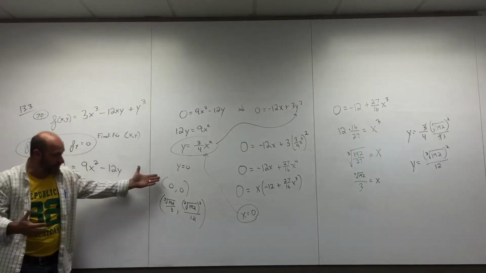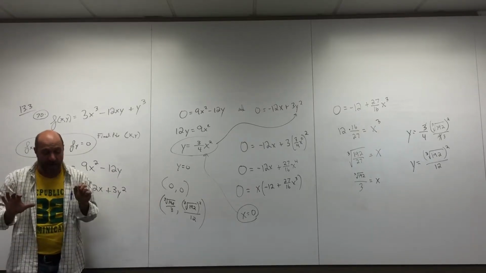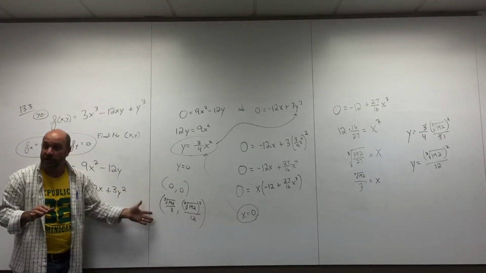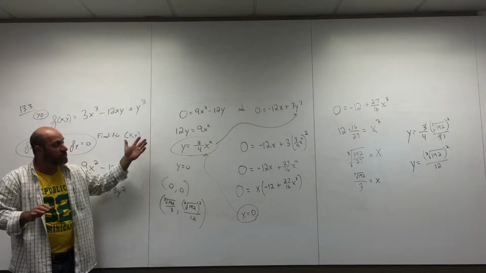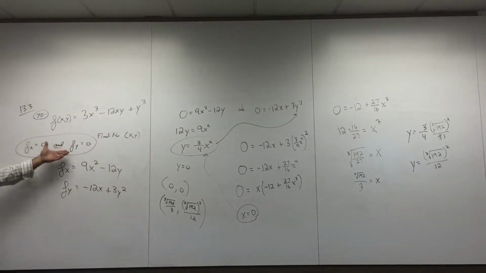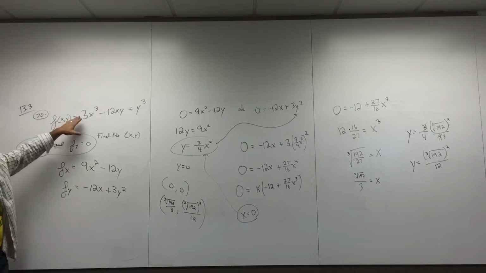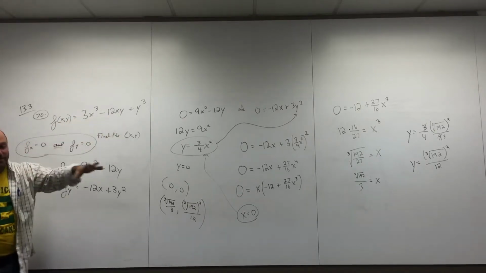I don't know which one's a max or which one's a min. I'm not trying to do that now. But these are good candidates for maxes and mins, because we found a place where these slopes are zero. See, one more time, what we just found was a place where, remember now, this is a curvy function here. This is a surface.